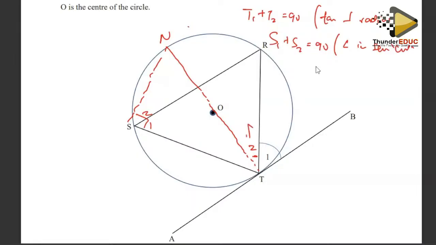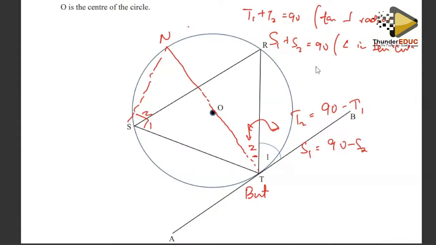So if that is true, meaning that S1 is going to be the same as T1. How is that possible? Because that's a 90 and 90, meaning that our T2 is going to be 90 minus T1. And when you look at S1, it's going to be 90 minus S2.